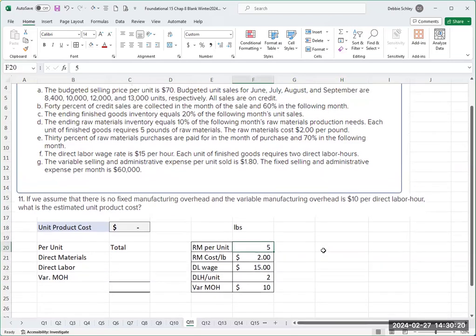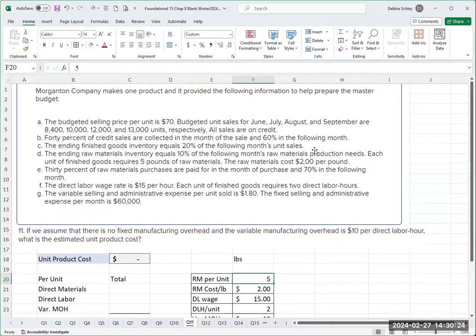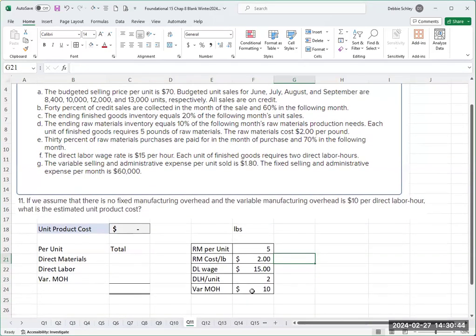So if you'll recall, I got the 5 pounds per unit from D. I got my $2 a pound also from D. My wage I got from F, $15 an hour, and 2 hours per unit. And then they just told me variable manufacturing overhead is $10.